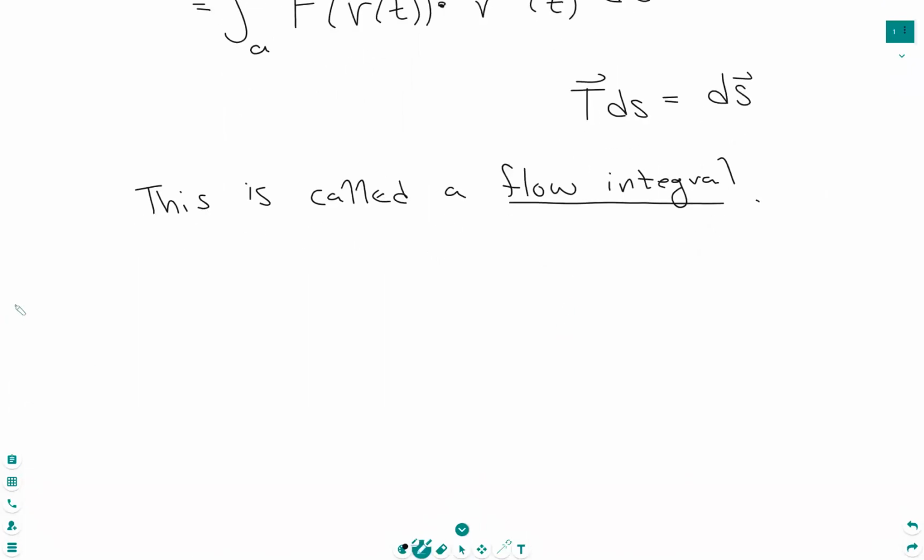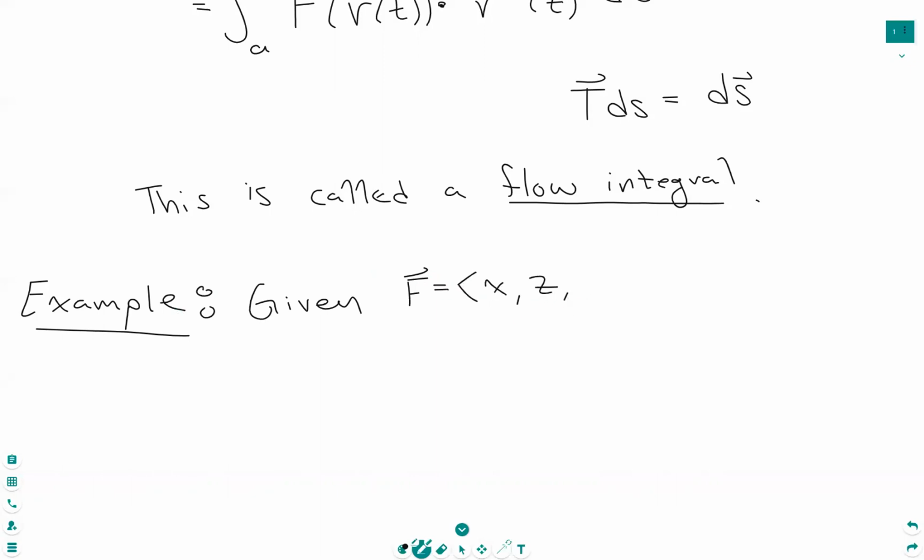So let's do an example. Given that we have a vector function F = (x, z, y), let's find the line integral over C of F dot dr. I'm going to write it like this for a second, and then we're going to back up.